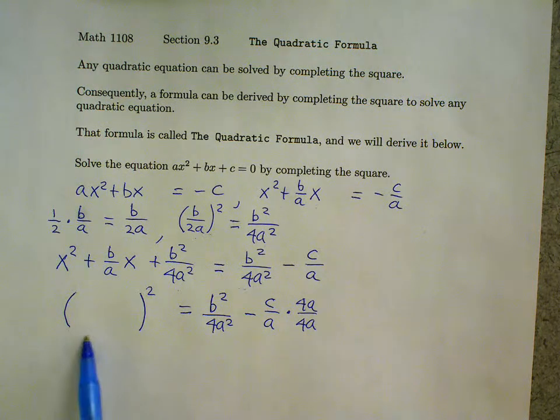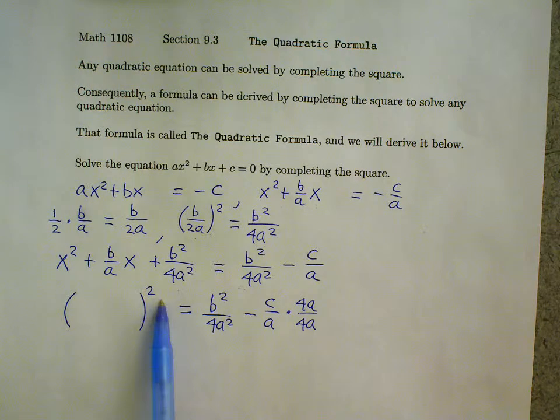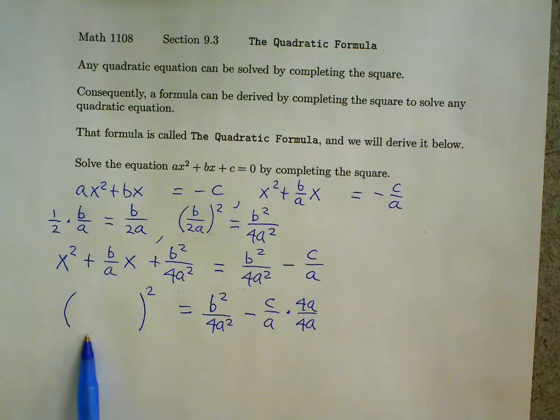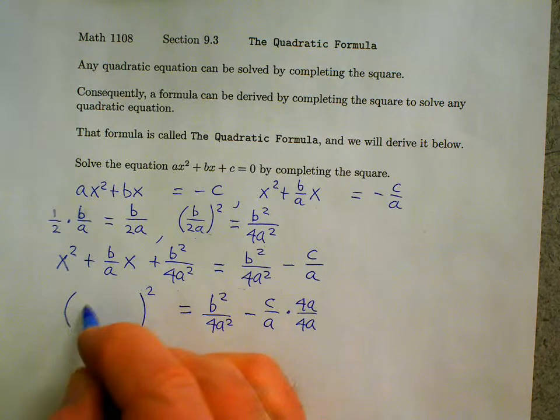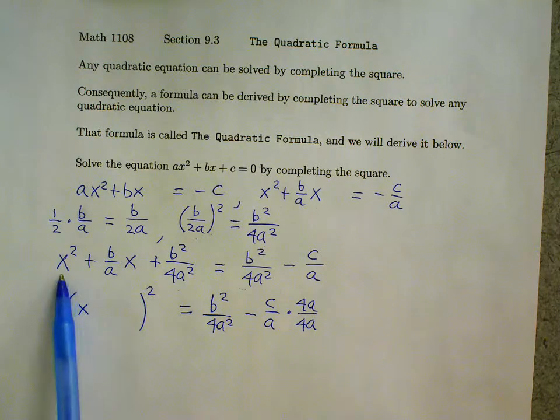Okay, so what binomial are we going to raise to the second power? This binomial, whatever it is, squared is equal to the perfect square trinomial. So we know the binomial has to have an x, because the first term in the perfect square trinomial is x squared.